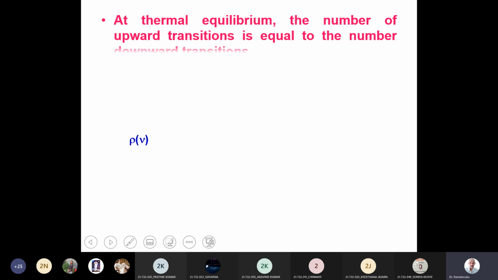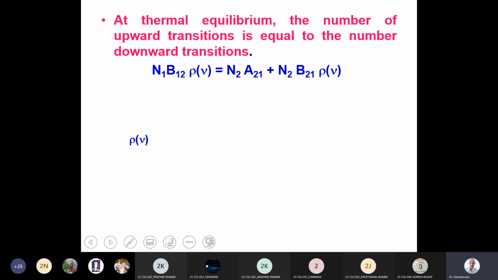But another important thing is that at thermal equilibrium, upward transitions must be equal to downward transitions. Means that I have E2 here and E1 here, and there are N1 number of atoms here, N2 number of atoms there.